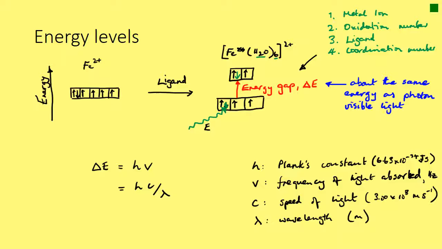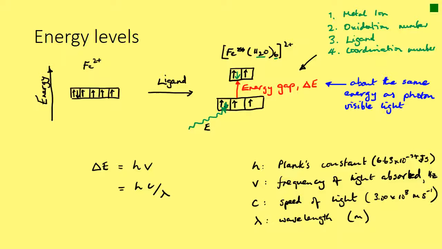So visible light, lots of different colours making up visible light, each with slightly different energies, but that photon of visible light happens to have about the same energy as this energy gap.